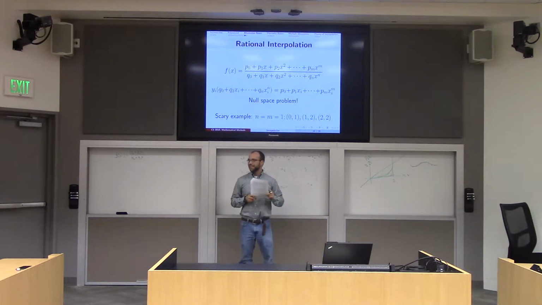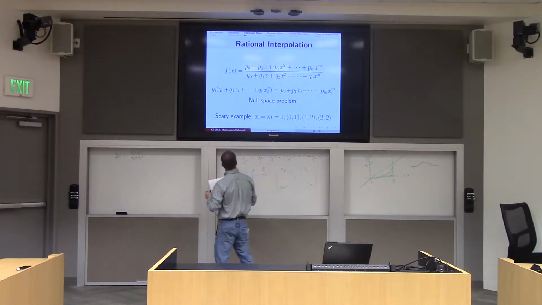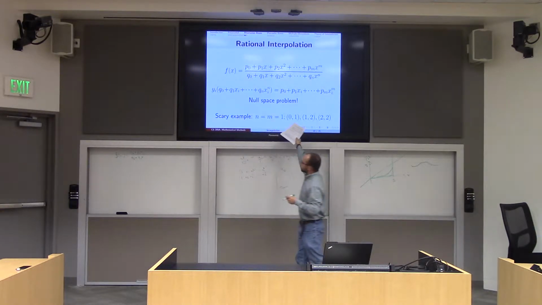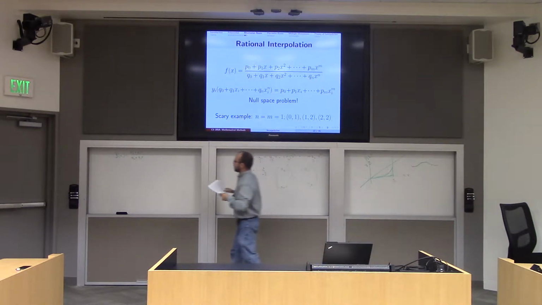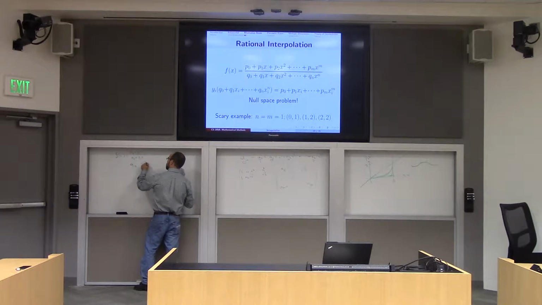So what's going to happen here? Well, now let's plug in all of our different relationships. The first one we have x equals 0, y equals 1. So in fact we'll get 1 times q0 equals p0.